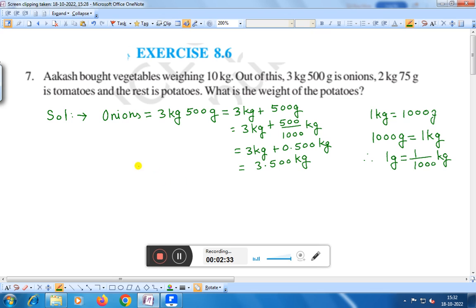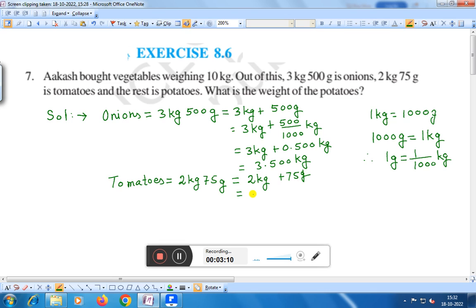The tomatoes is equal to 2 kg 75 gram. Also change it into kilogram, that is 2 kg plus 75 gram.